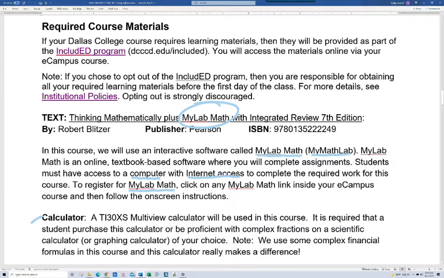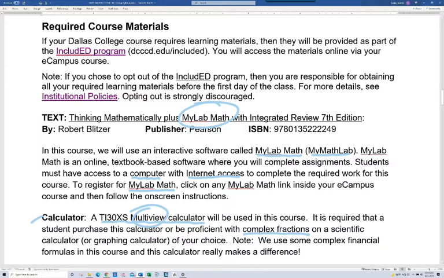So this TI-30XS MultiView calculator, and it's got to say MultiView, is the calculator that I'll be using, and it's one that I highly recommend to you because when we get to our second test, Chapter 8, we're going to be working with some really complicated financial formulas where you have complex fractions, and this calculator really makes a difference. In fact, sometimes students aren't convinced to buy the calculator until after they fail this test. So I really encourage you to get this.